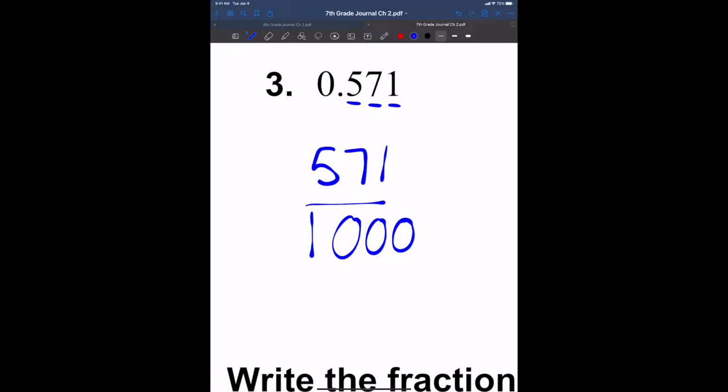Would 571 divide by 5 nicely? No. How do you know that for sure? Christine? Well, because if the numerator ends with a 0 or a 5, then you can divide it by 5. But it doesn't, so it won't. Yeah. Guys, this one does not reduce nicely. We're just going to go ahead and circle it. That's our final answer, okay?